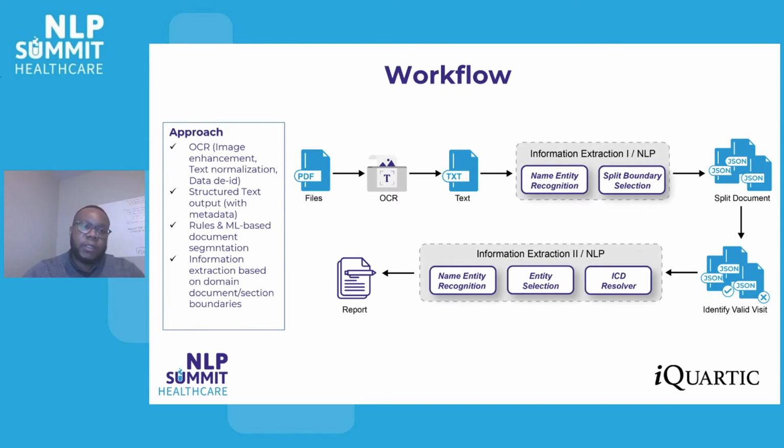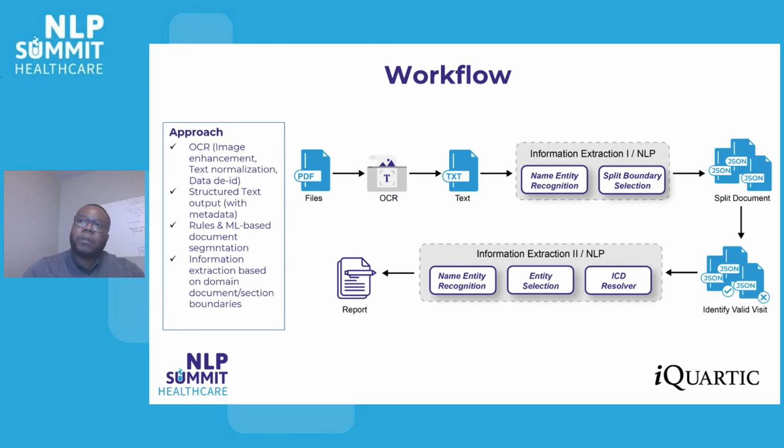For our computer-assisted coding use case, we only need to extract information in valid visits. So we apply filtering to decipher the visits that are going to be considered valid and invalid, and send them downstream to the next information extraction phase that you see on the screen below.